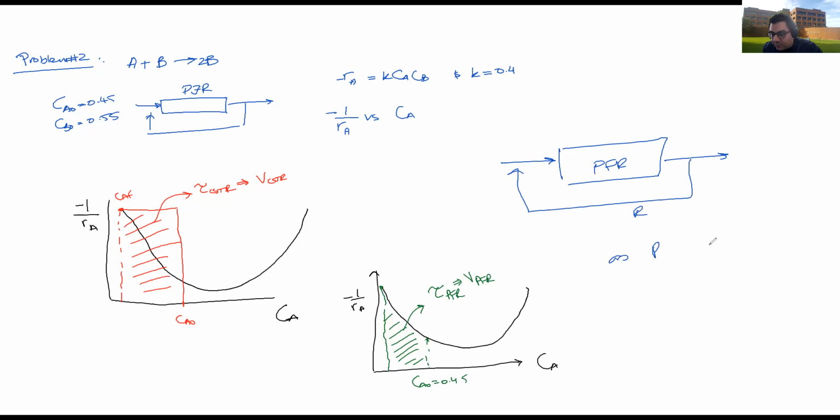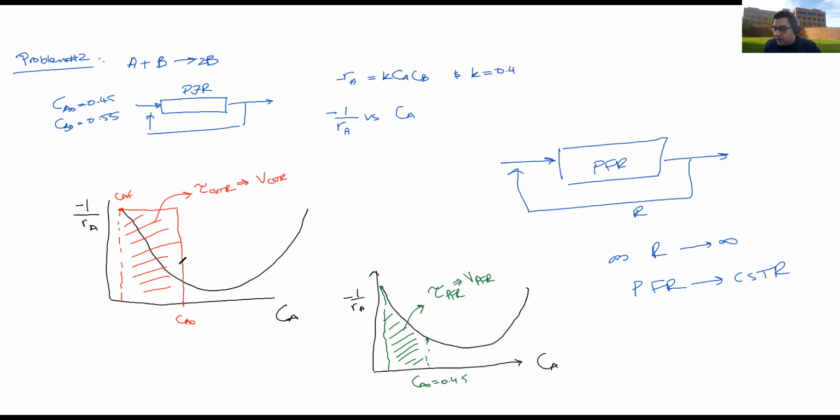As the recycle approaches infinity, the PFR performance will approach that of a CSTR. So you can really use these two charts to gauge which system is going to give you the performance you want at the lower volume. And then you can also judge whether to use a CSTR or a PFR with a recycle, just by comparing the values of this rectangle versus the area under the chart.